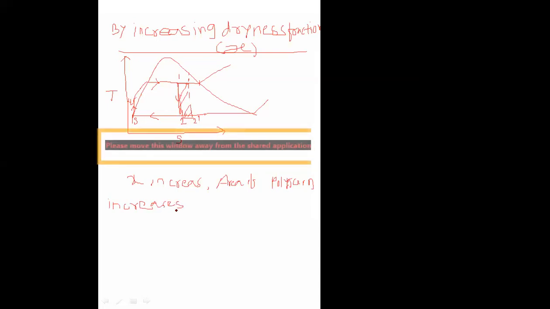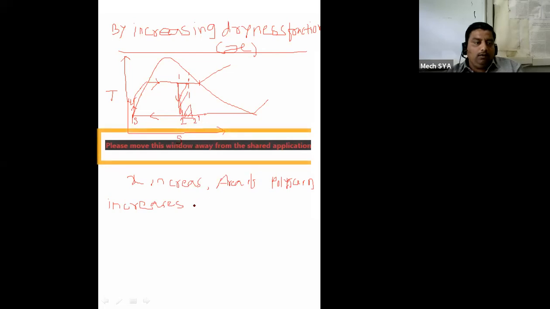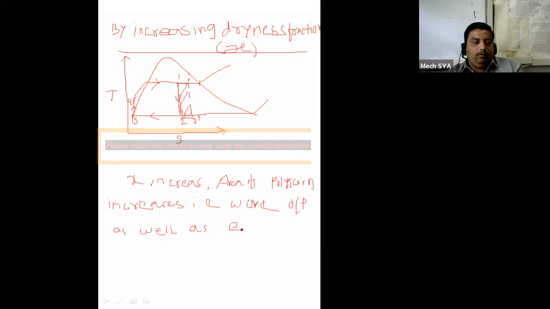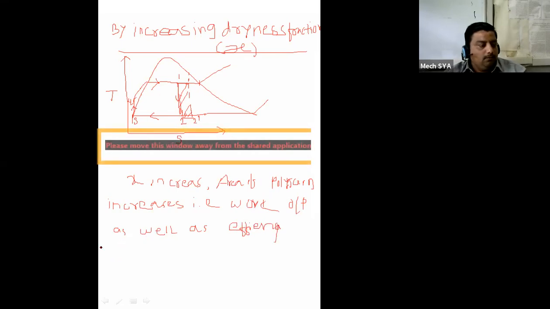Area of the polygon increases means work output as well as efficiency increases.